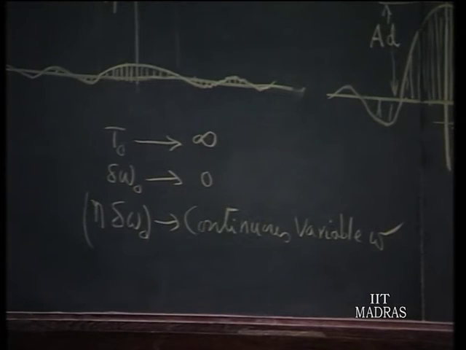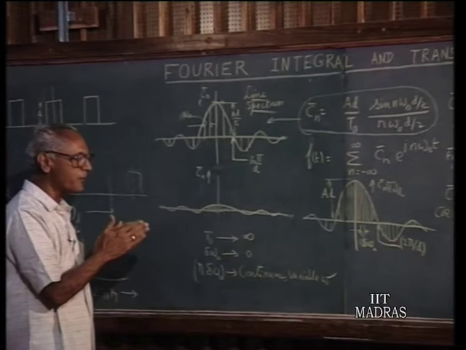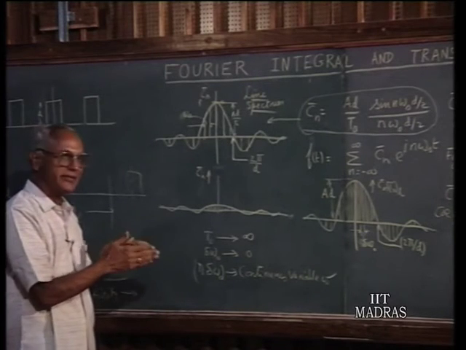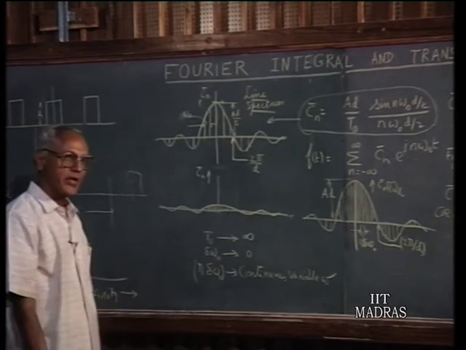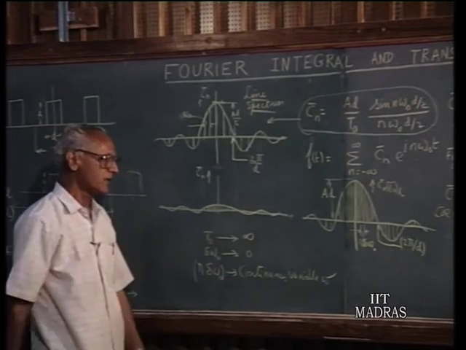So, that is how the limiting process occurs. As the fundamental frequency becomes smaller and smaller, the harmonics exist at every point along the omega axis. So, in the limit you will have a frequency component at every point along the omega axis.